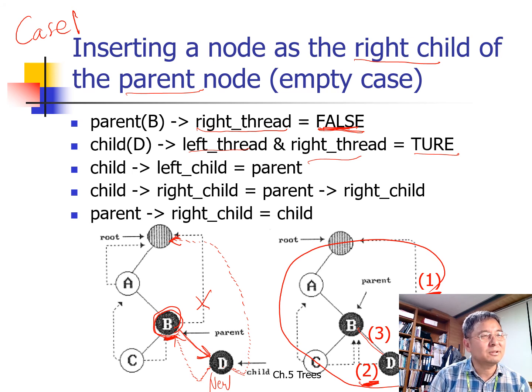The child's left child points to the parent B, and the child's right child is assigned the parent's right child. And the parent's right child is the child. So in here, D.